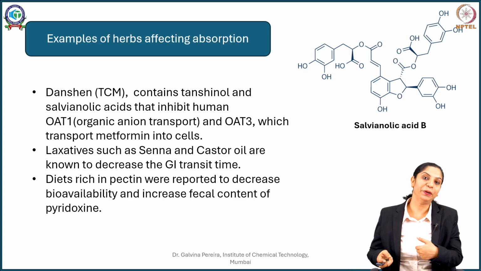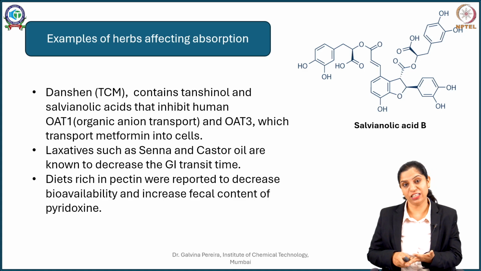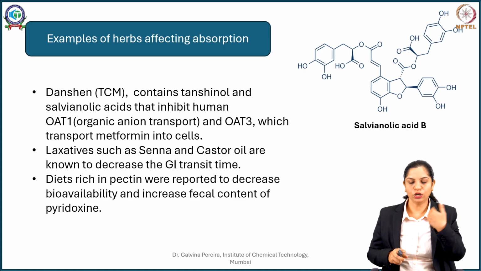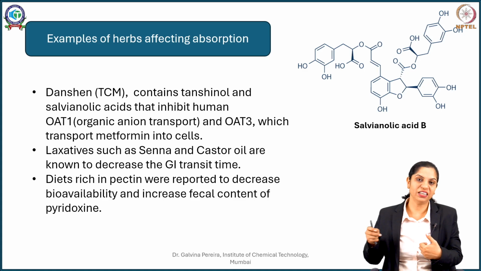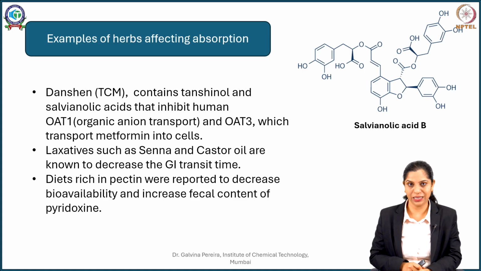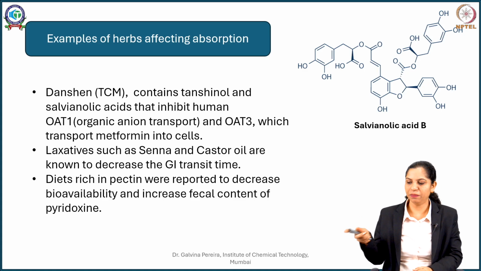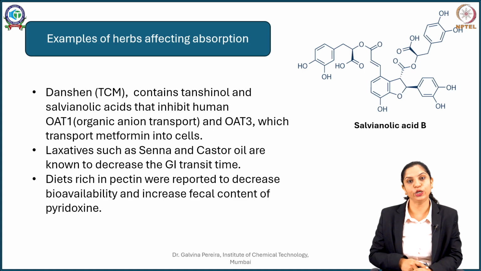But imagine I am administering a laxative such as castor oil or senna tablets. That is going to irritate my GI mucosa, and my transit time will be really quick. Within that transit time, my transporters will not be able to transport so many molecules, and as a result the net amount of molecules that reach my blood decreases.